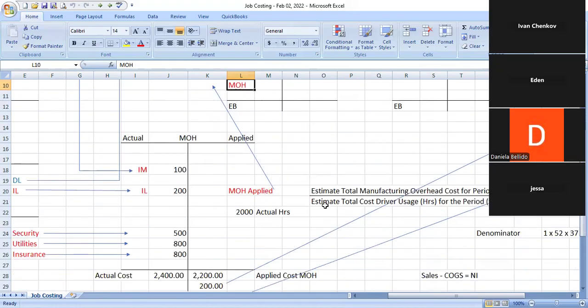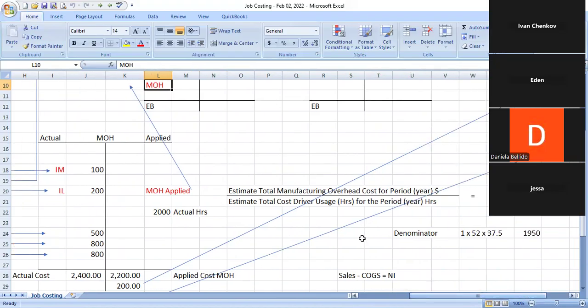Before the period starts, we're estimating the total manufacturing overhead cost for the upcoming period. Then we're choosing the driver that is going to drive that manufacturing overhead cost, or something that we can use as a driver. That driver we're going to use to allocate that manufacturing overhead cost to our products.